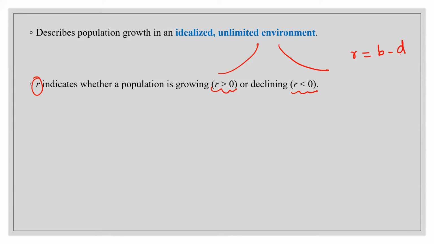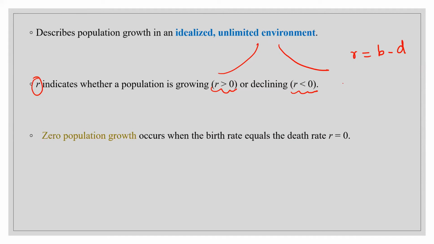So if our death rate becomes greater than the birth rate, then what will happen? Our population will start declining exponentially, and zero growth will be observed when birth will be equal to the death rate. That means that r will be equal to 0. Then the rate of change will be 0, and obviously the population will attain a constant value.